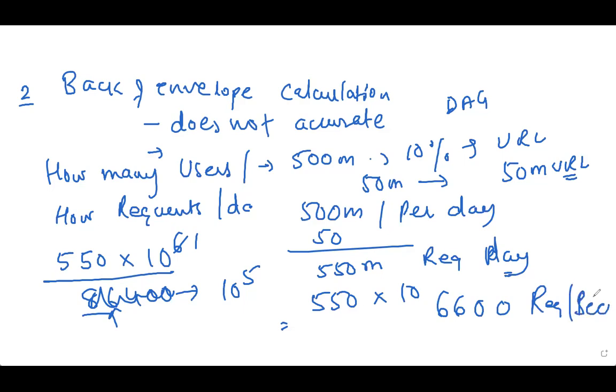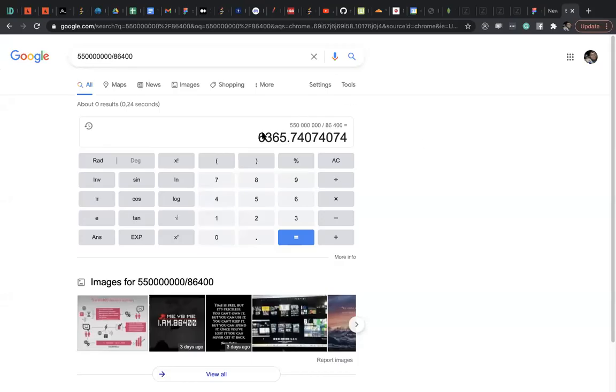Did you notice what I did? I did not do it accurately, but if you do it accurately, it will be around that number. We can just check it. 550 and then 6 zeros, divided by 86,400.